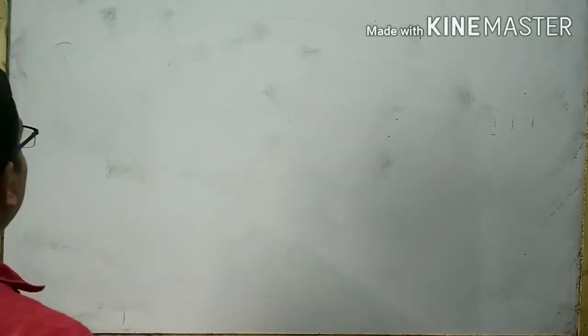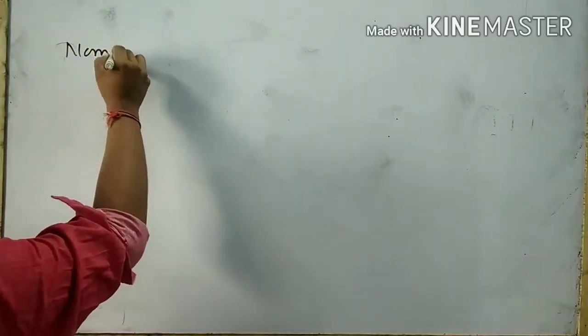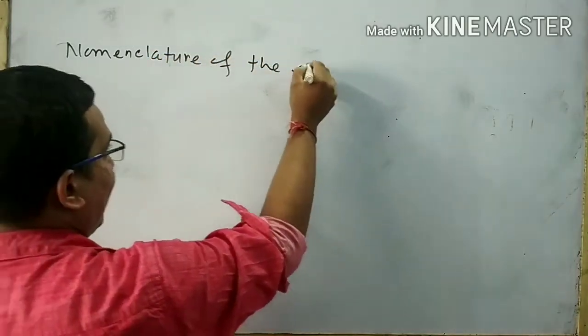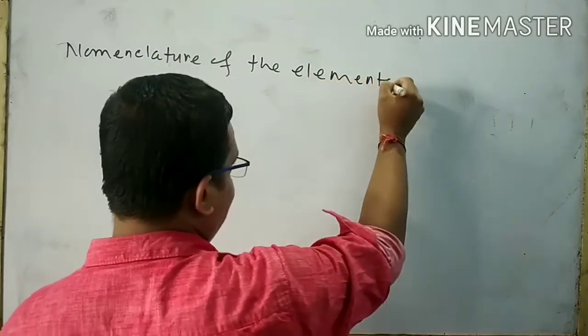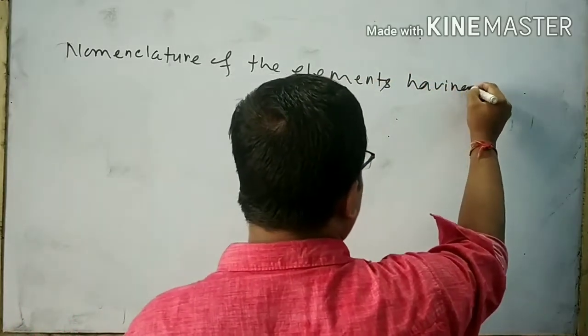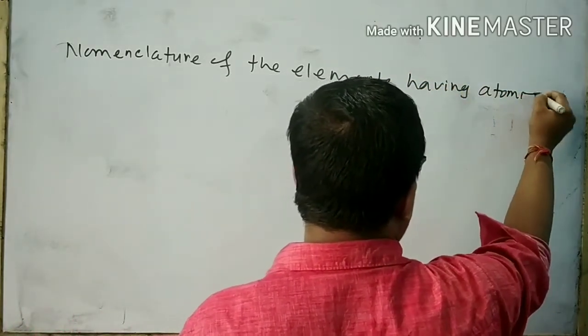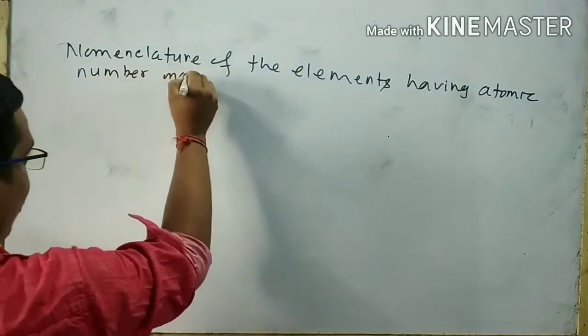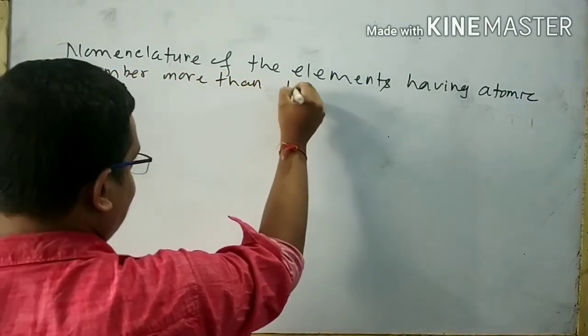Now I will discuss the nomenclature of the elements having atomic number more than 100.